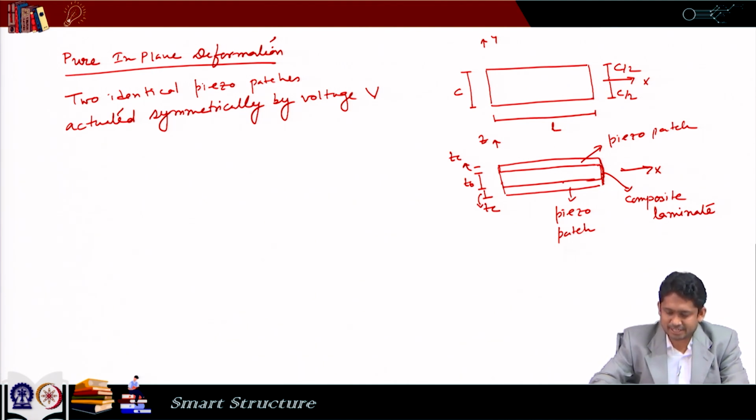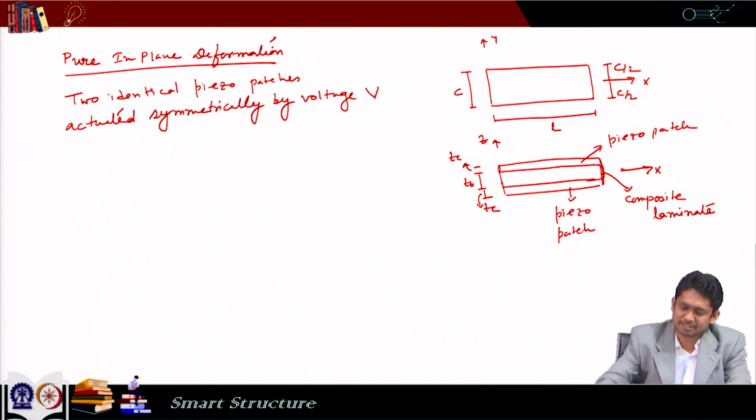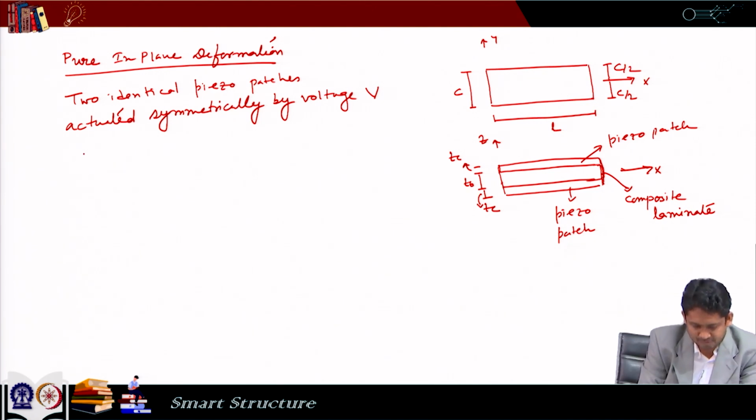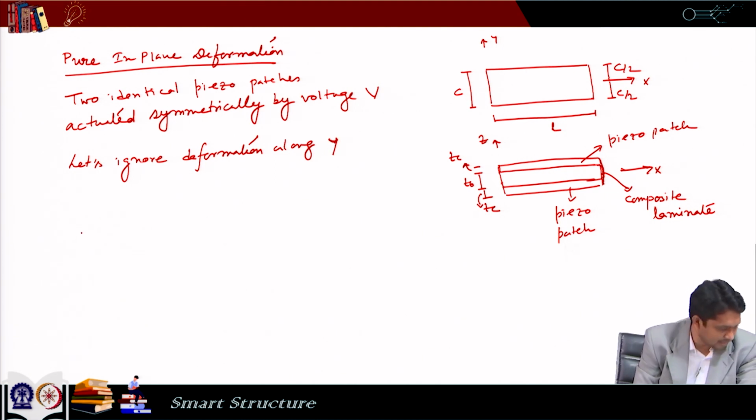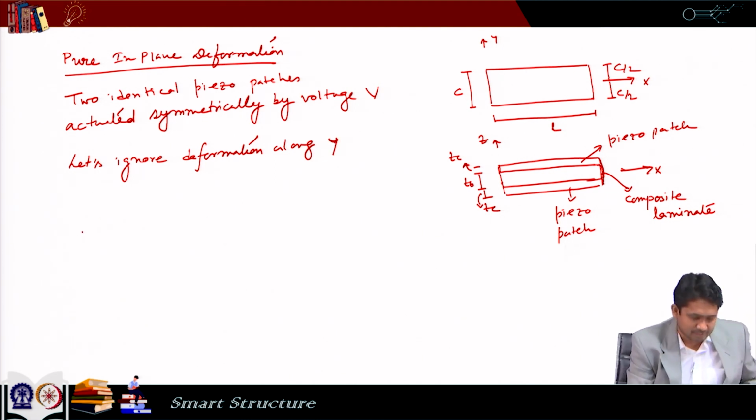And also, for the sake of simplicity, let us imagine that our displacement deformation along y is not accounted for. So, if that is the case, then accordingly let us make some approximations.